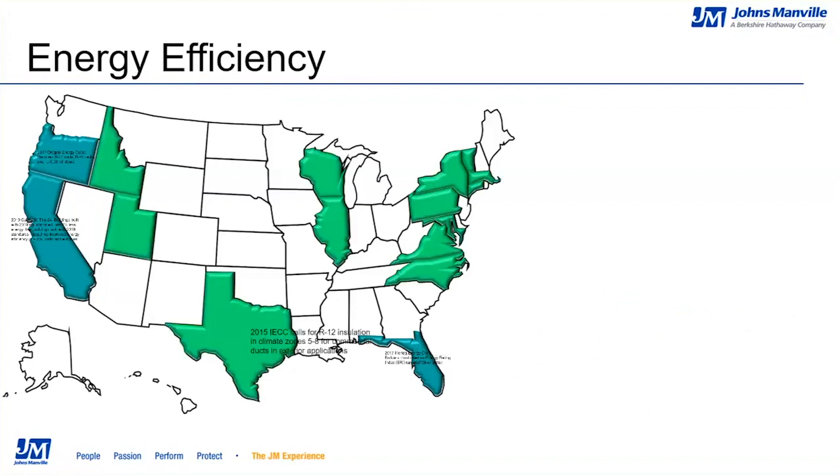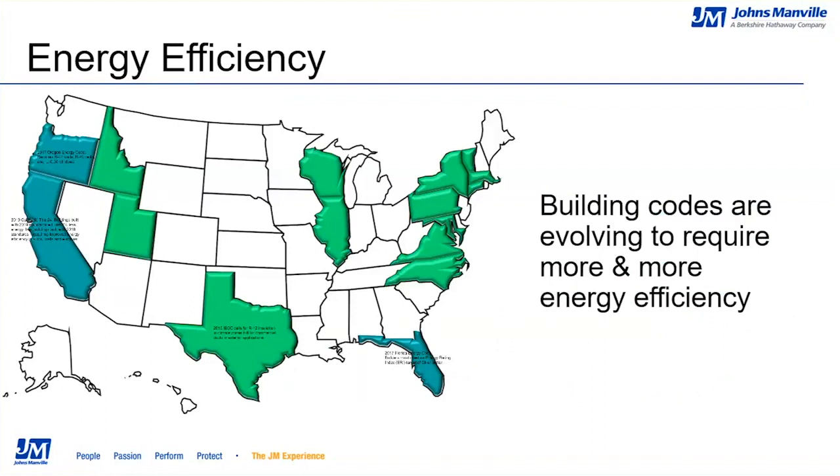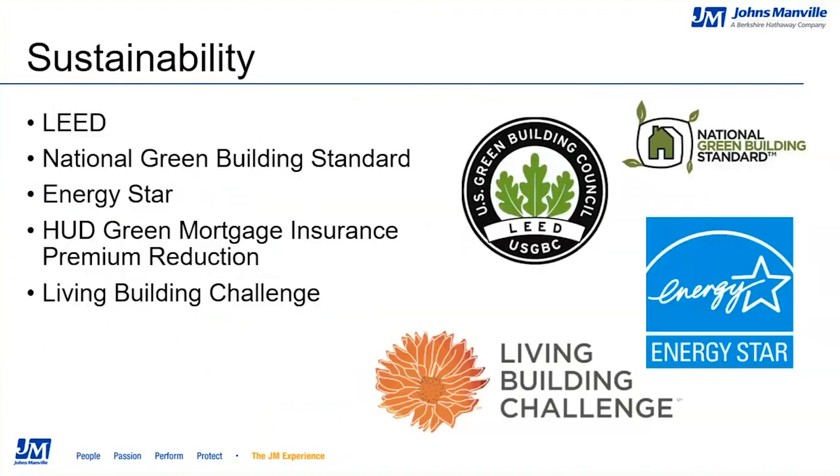Overall, codes are evolving to require more and more energy efficiency, and we expect this trend to continue. As a result, building design will have to continue to evolve to accommodate these new, more stringent energy efficiency requirements.